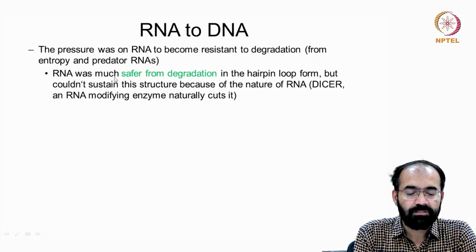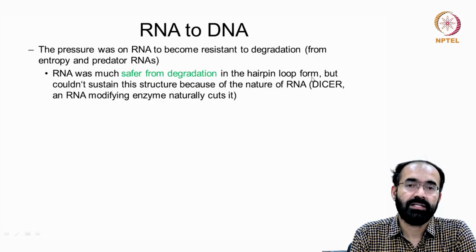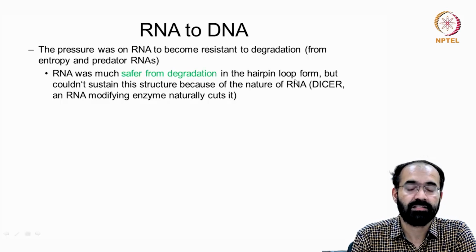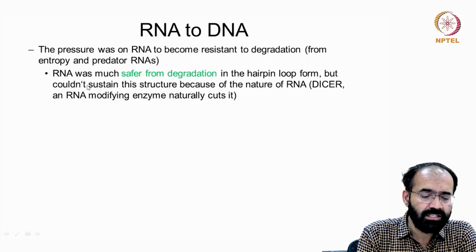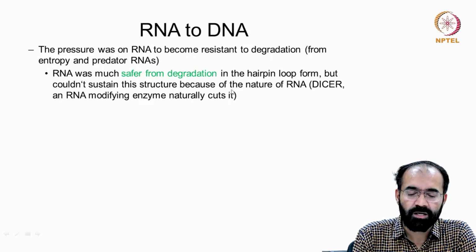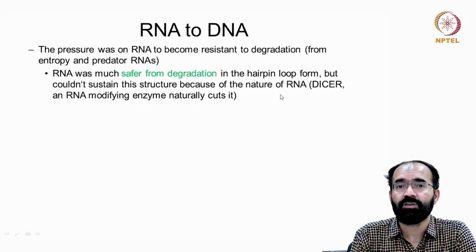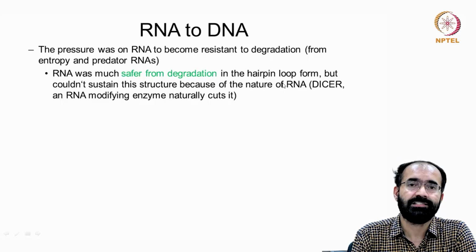RNA was much safer from degradation in its hairpin loop form, because it forms a secondary structure which protects vulnerable areas and sequences from exposure to the external environment. But it couldn't sustain this structure because of the nature of RNA itself. Because if an RNA has to perform its task, it's just like in winter, you are wearing so many jackets and jackets and jackets.